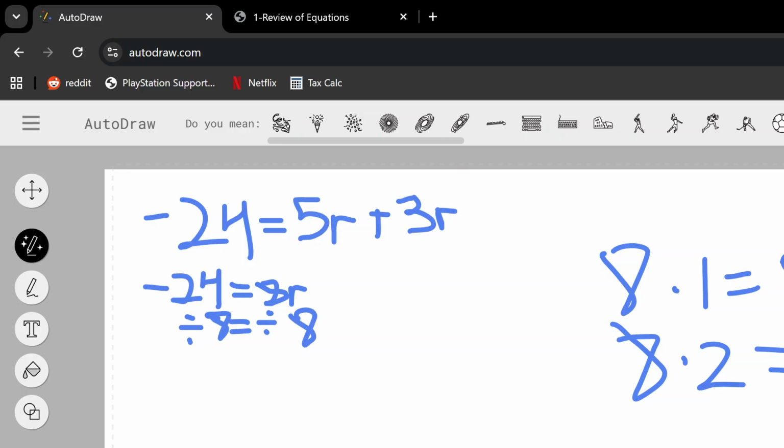So now, what's 8 times 3? If you notice, we're just adding 8 on top of it each time. So 8 plus 8 is 16. So then 8 plus 8 plus 8, or times 3, equals 24.